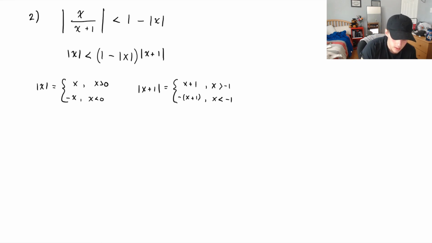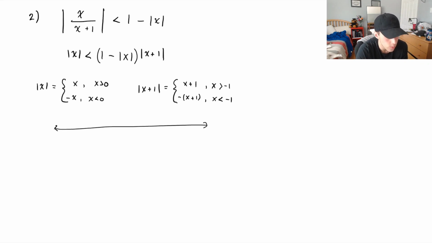So I'm going to draw a quick number line just to see what we're working with, and this is for the entire inequality. You can see that we've got critical points where our absolute value function will change behavior. And those points are at 0. Oh, actually, put that in the wrong spot. We've got -1 and we've got 0.